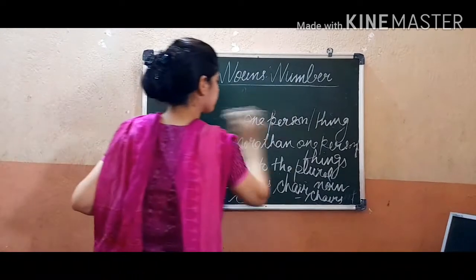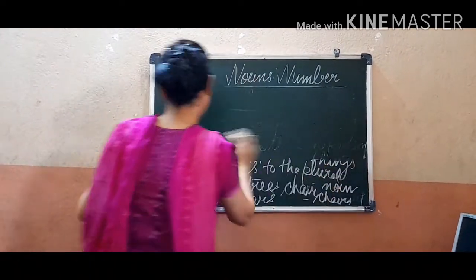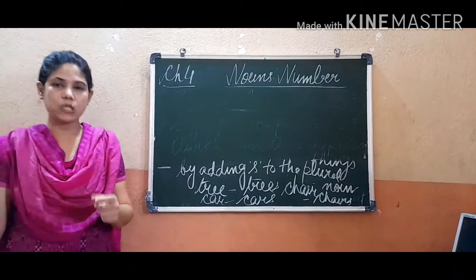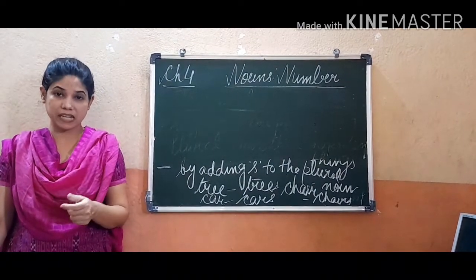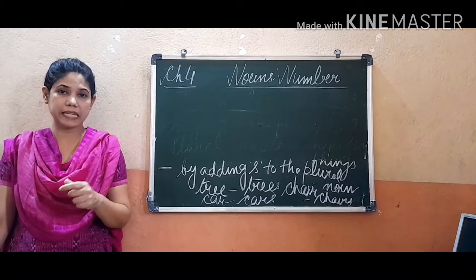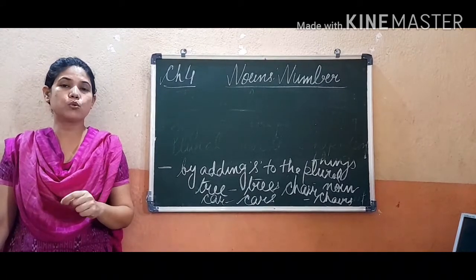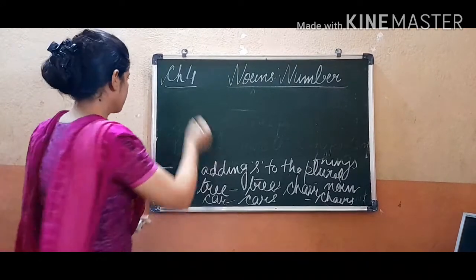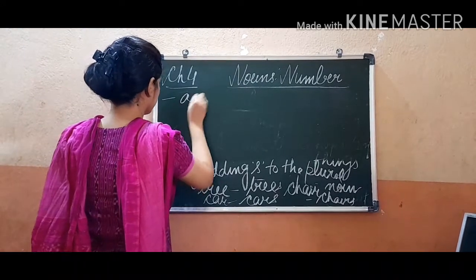Next is, when the singular noun ends with s, ss, sh, ch or x, then we use es to form plural noun.